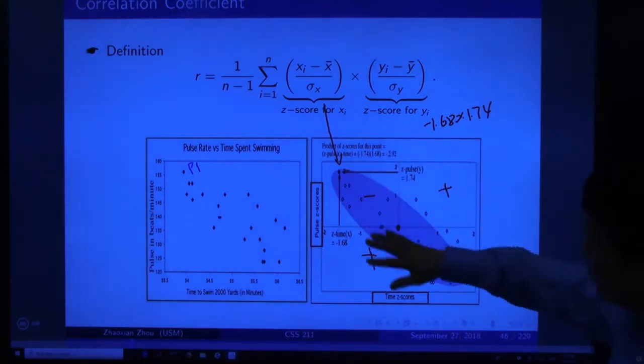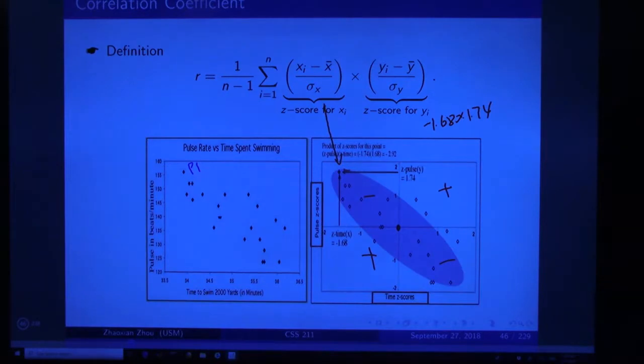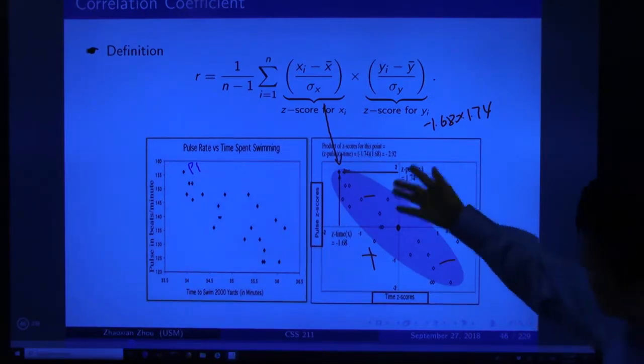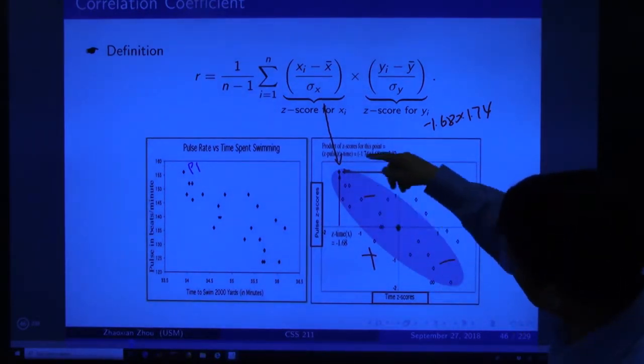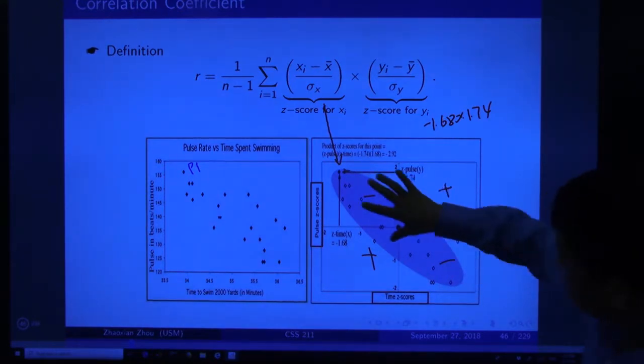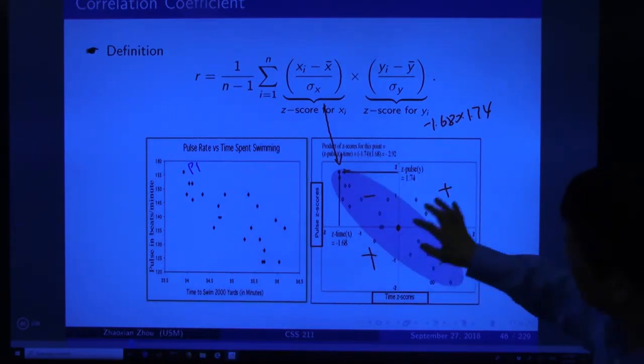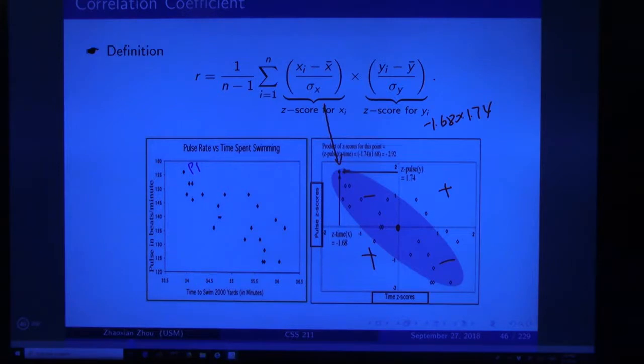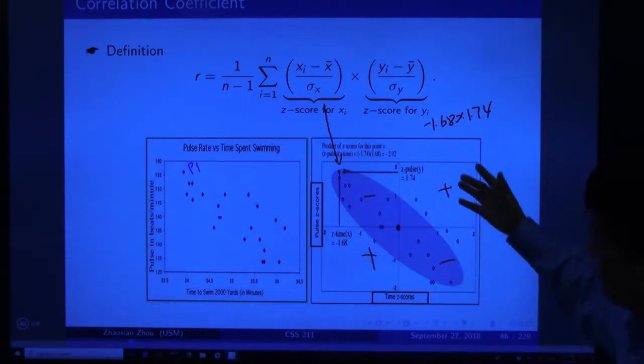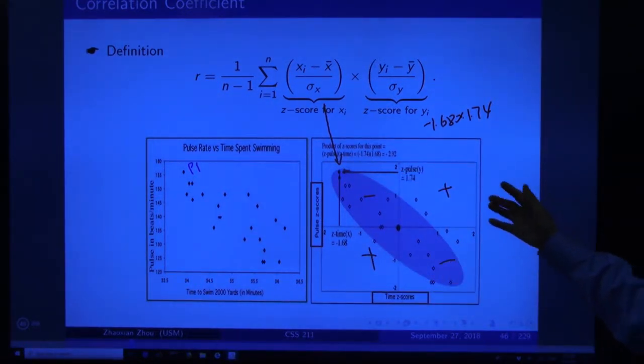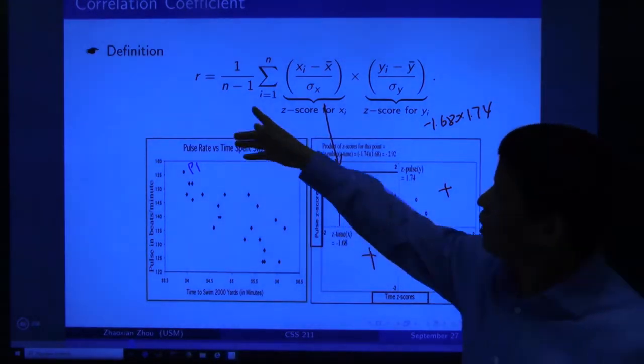Then we add up all these products together. It looks like, in this example, we have more negative products, this and this, and a smaller number of positive products. So the sum we expect will be a negative number. The negative number is then divided by n minus 1.